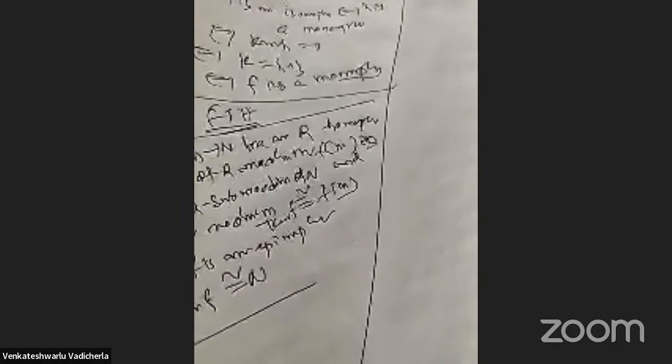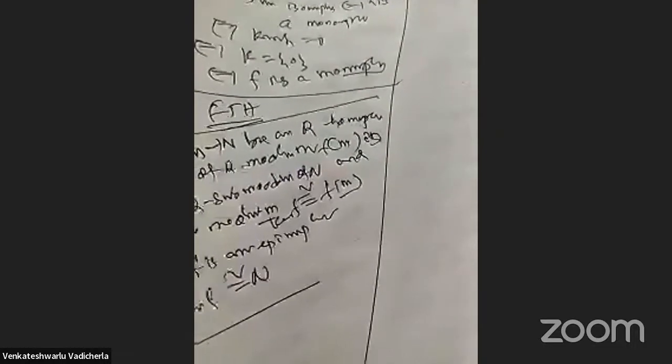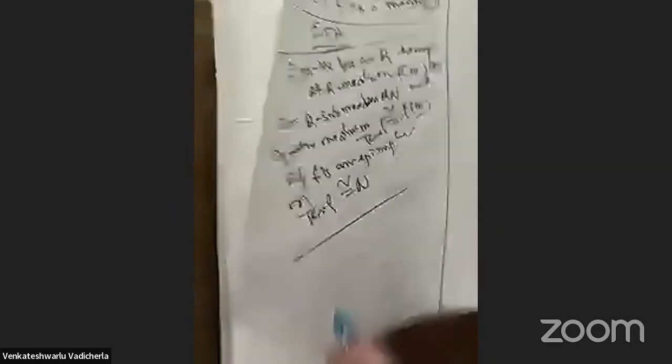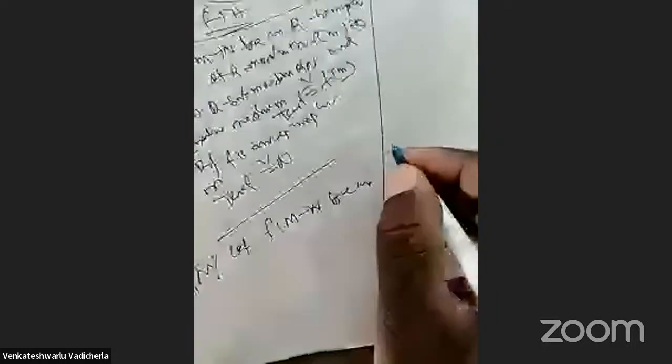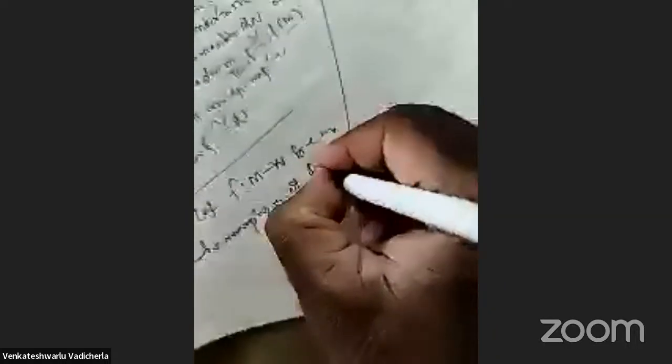So first we have to prove the given statement. The statement is: let f be a mapping from capital M to N, an R homomorphism of R modules.